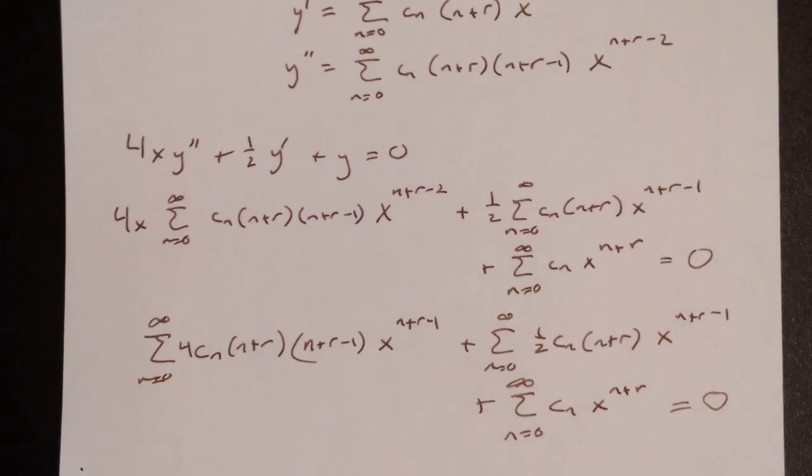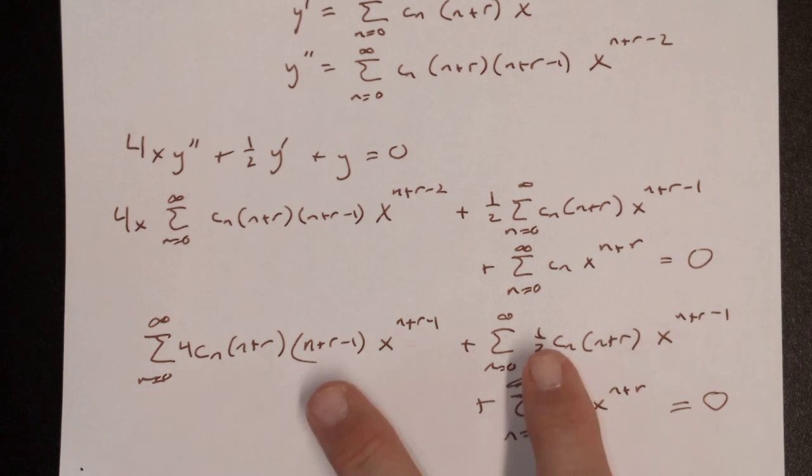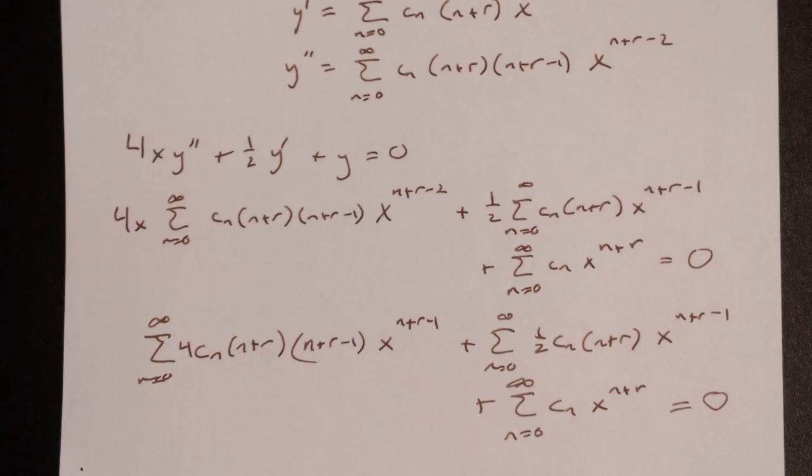But now I notice something really nice. Even before I do anything else, I notice that both of these two sums here on the upper line have the same power of x. That n plus r minus 1 is the same in both of them. It means I can gather the terms. Those are the same thing. Glue them together and gather the coefficient.